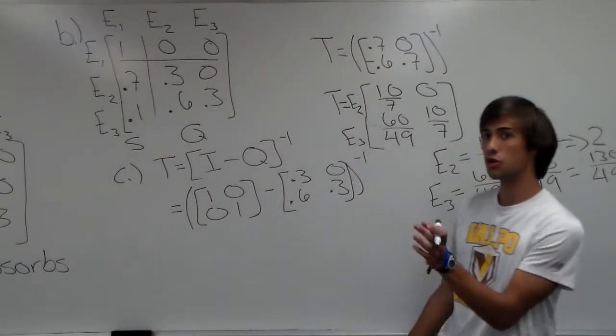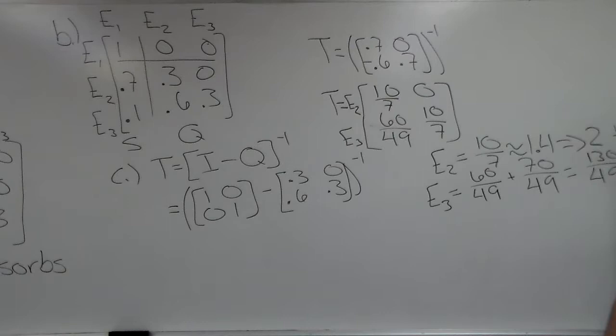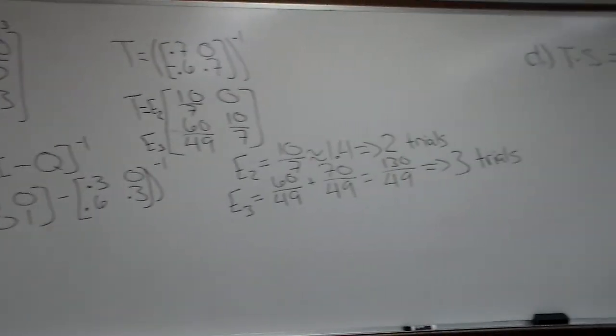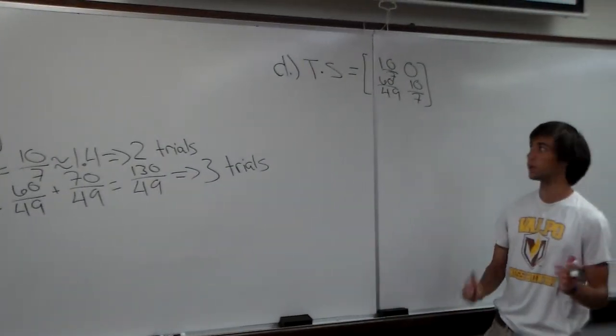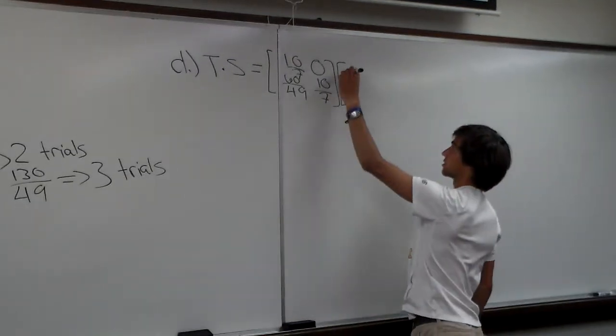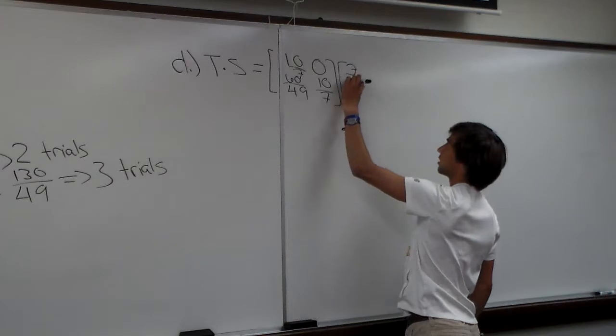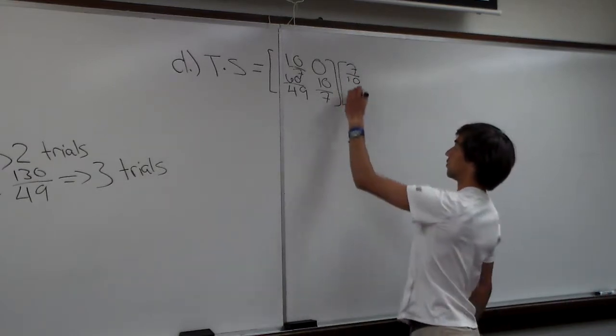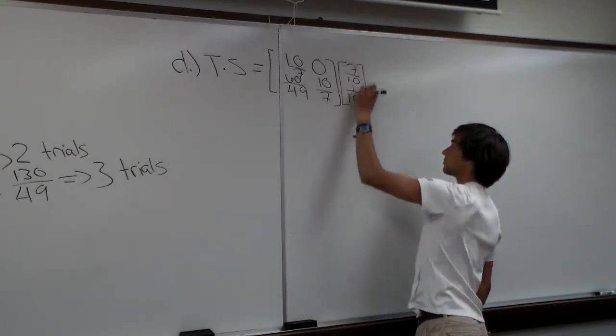That is a 2 by 1 matrix, which we can multiply with a 2 by 2 matrix because the two middle numbers are the same. So we take this as 7 over 10 and 1 over 10.